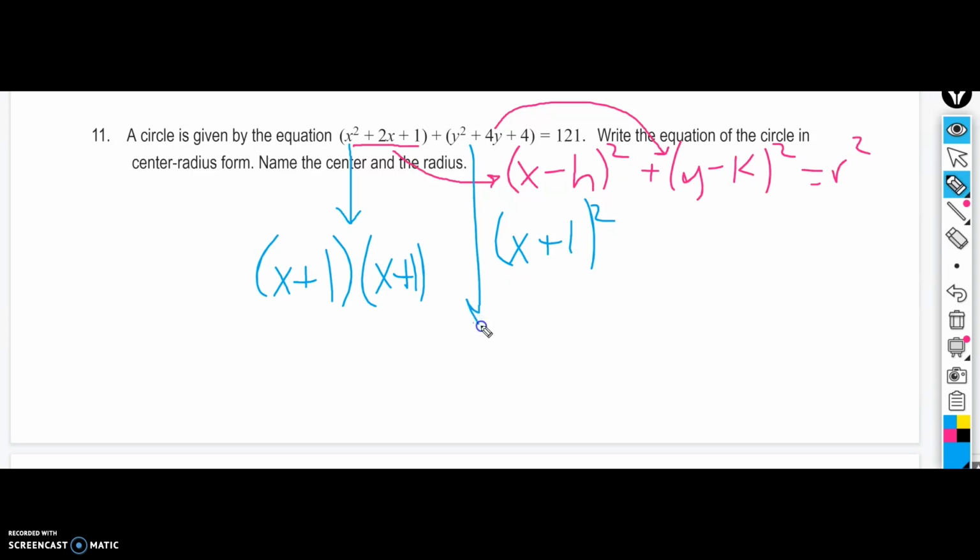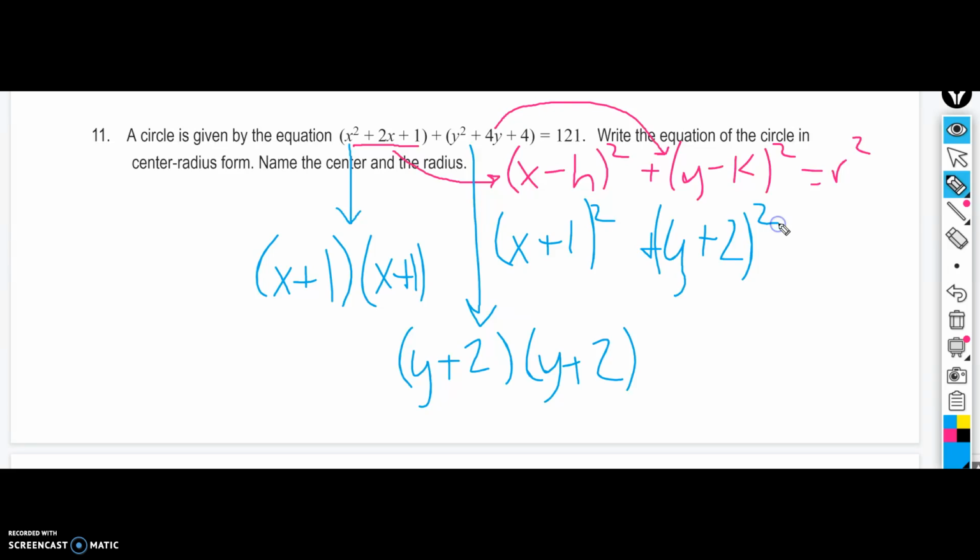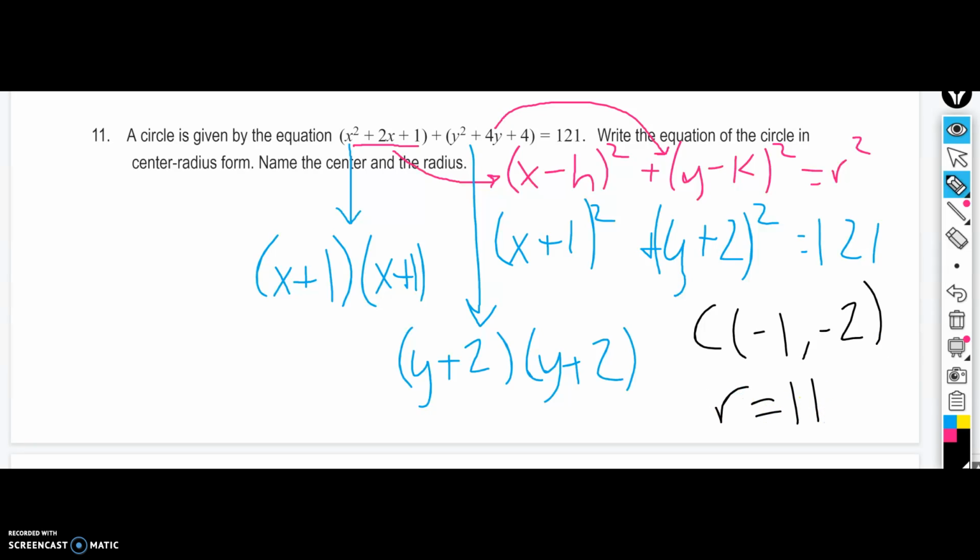My y's, if I'm looking for factors of 4 that add to 4, it would be y plus 2 times y plus 2, or y plus 2 squared, equal to that r squared. So can I identify my center and my radius? Yeah, my center is at -1, -2, and my radius is 11.